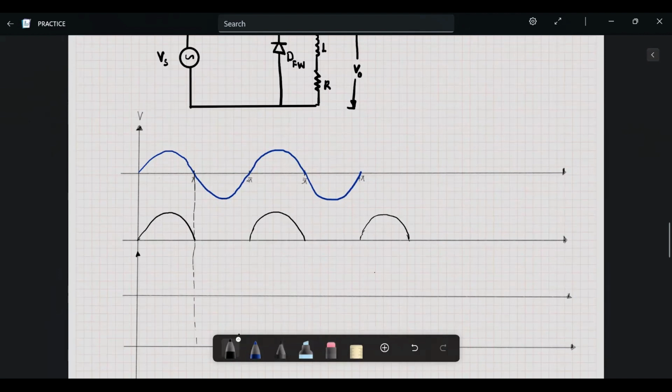So let's say this is the current output, or the current through the load. So IO, right? What will happen is that the current doesn't just change abruptly in an inductor.